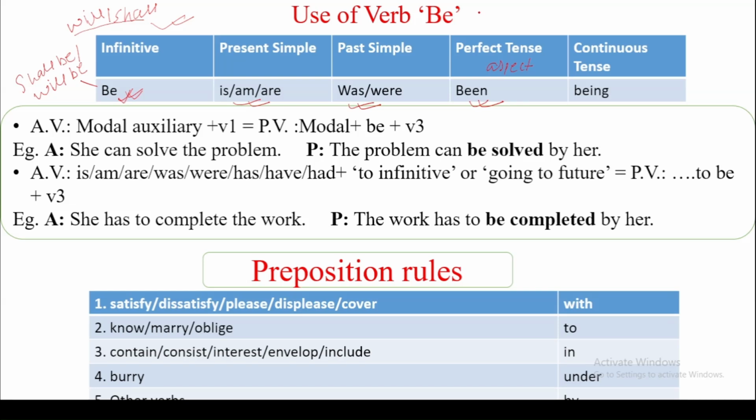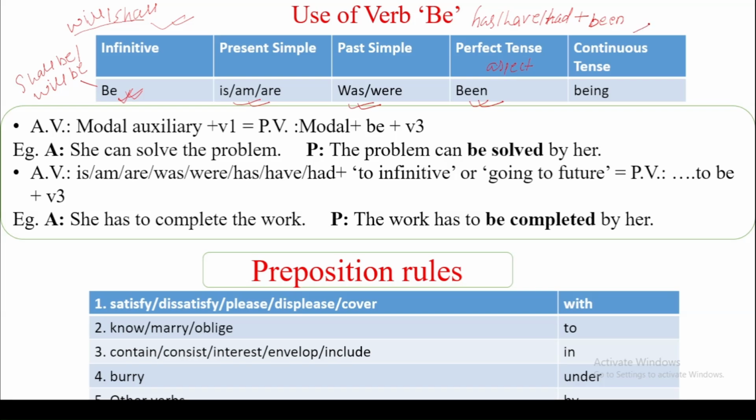Like in present, there will be has, have. So we add has, have, had. If there is has, have, had, we add been as verb be.